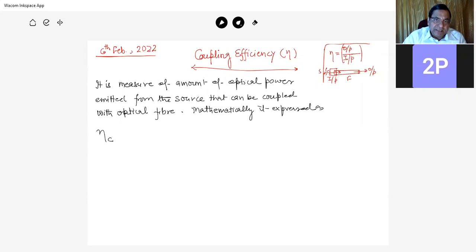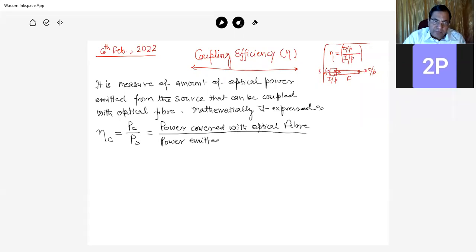eta of coupling C is equal to P of C upon P of S. P of C means power covered with optical fiber, upon PS is power emitted from optical source.